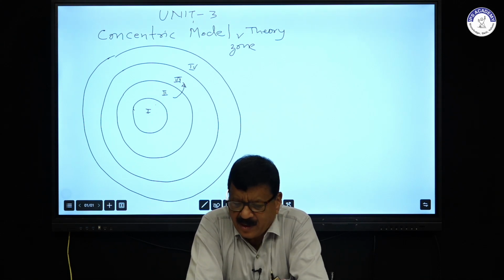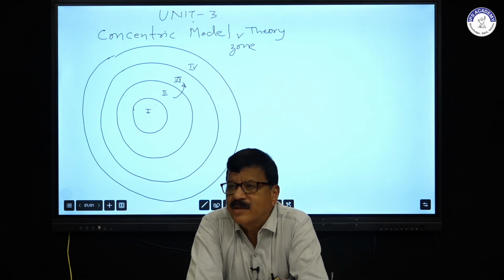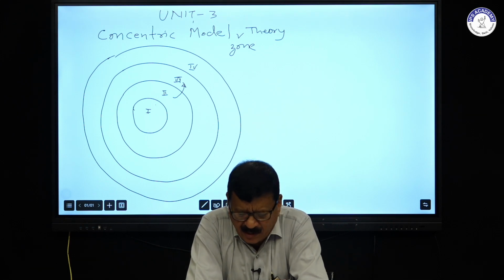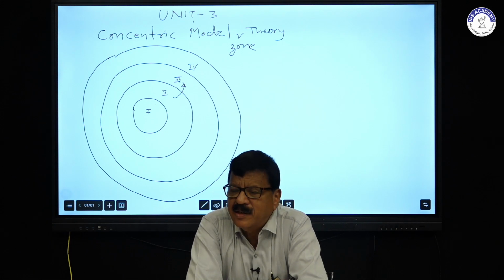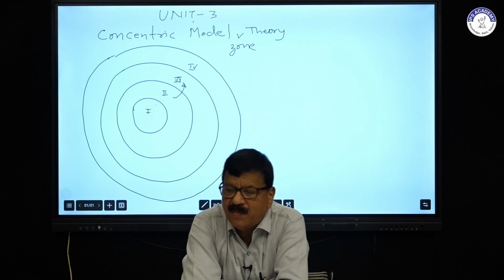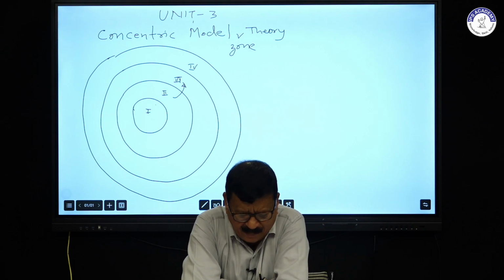Now there are some criticisms, some lacunae of this theory: criticism of the Burgess model. The concentric zone model of Burgess has been challenged by several contemporary urban geographers.